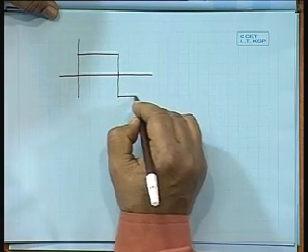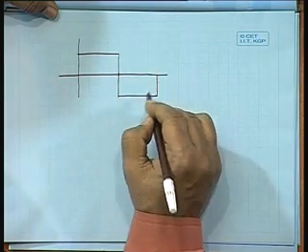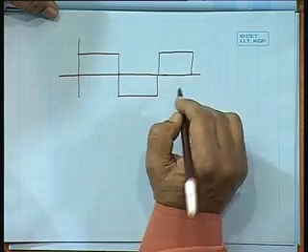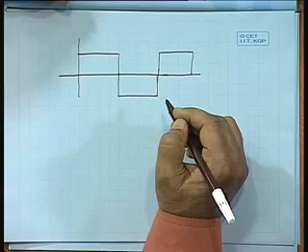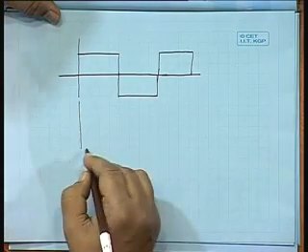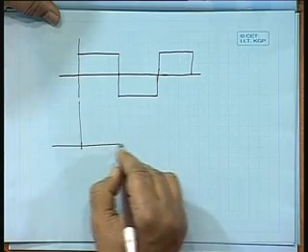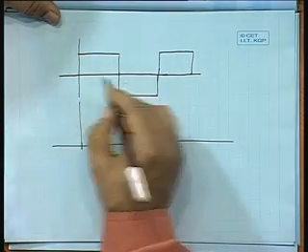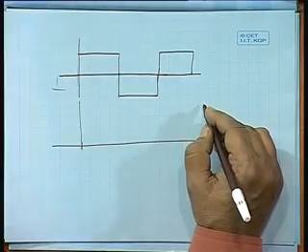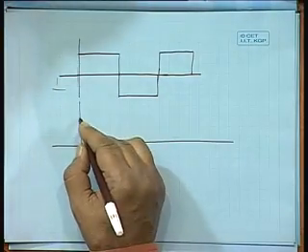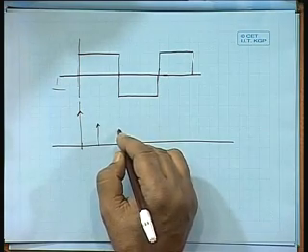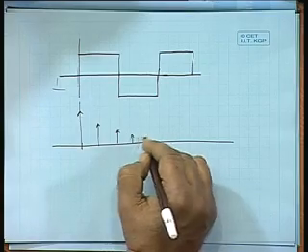Let us take a square function. A square wave like this. Now, it may have coefficients b n, in this case, since it is an odd function, it will consist of only sine terms.